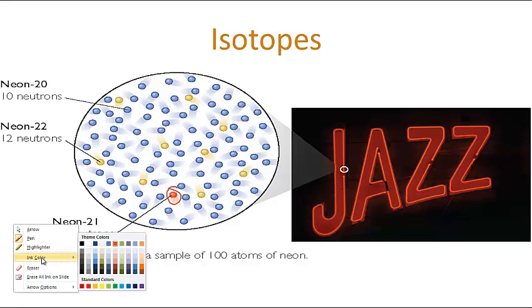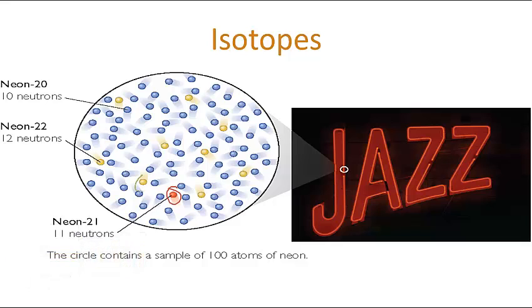We have 9 that are neon 22, so it has the 10 protons but 12 neutrons, and then the remaining 90 are neon 20.